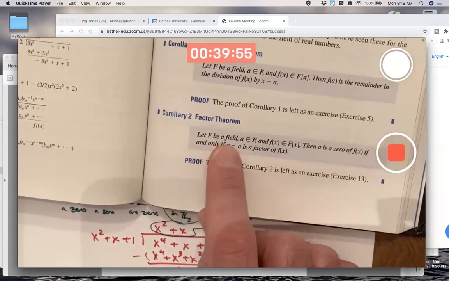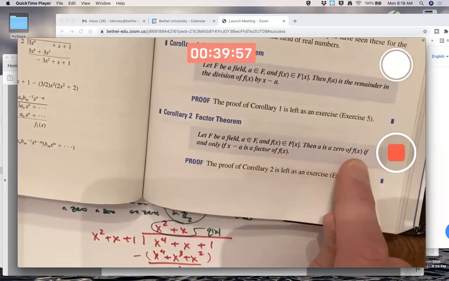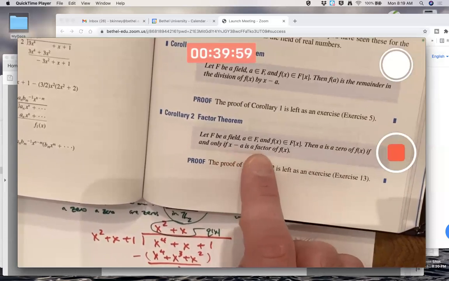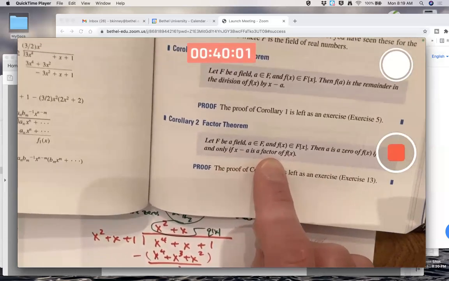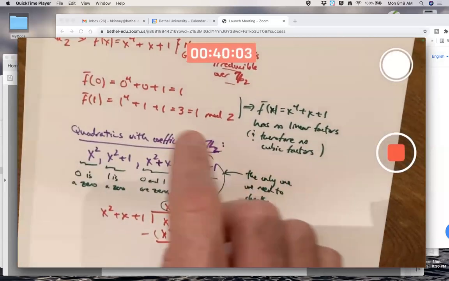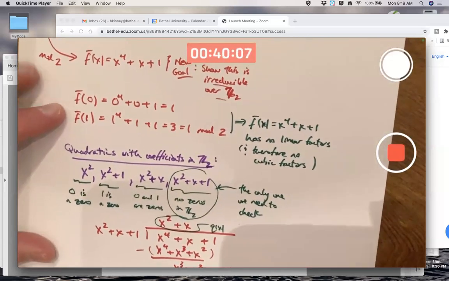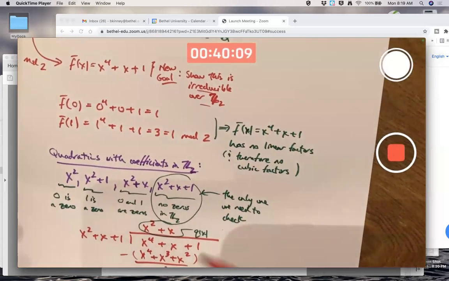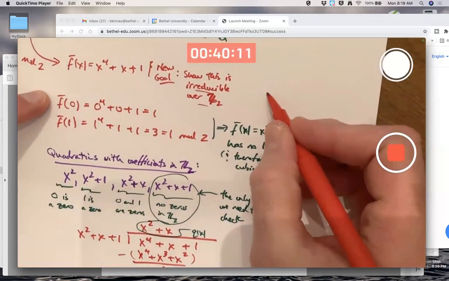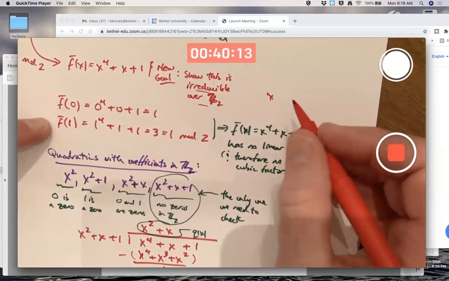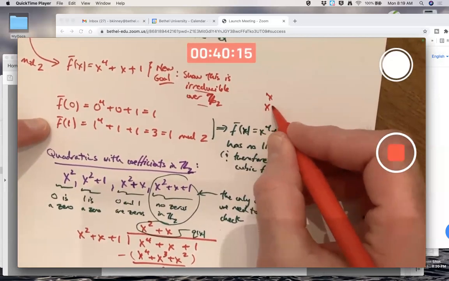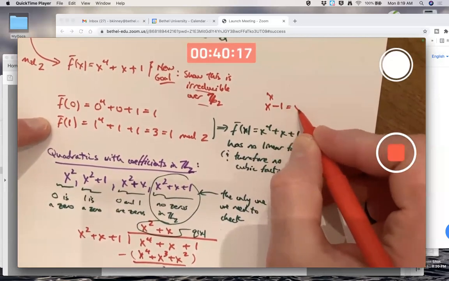If you've got coefficients in a field, a is a 0 of f of x if and only if x minus a is a factor. So 0 would be a 0 if and only if x is a factor. 1 would be a 0 if and only if x minus 1 is a factor, which is the same as x plus 1.